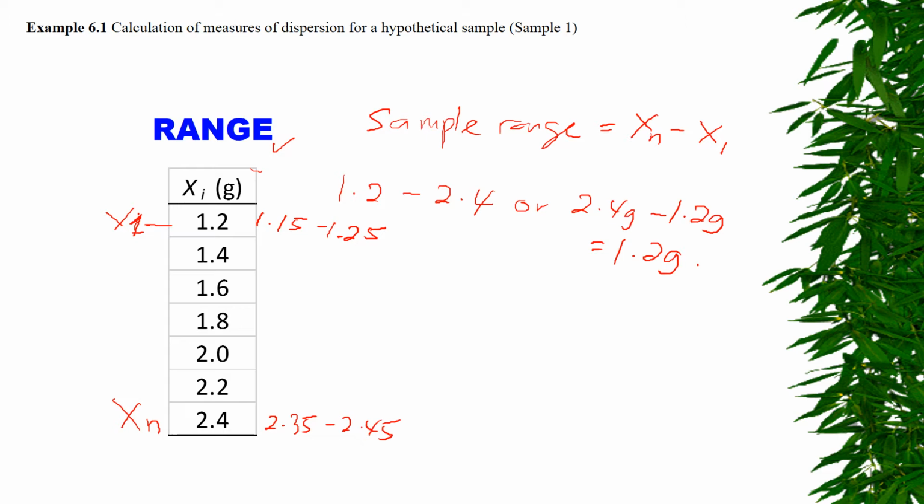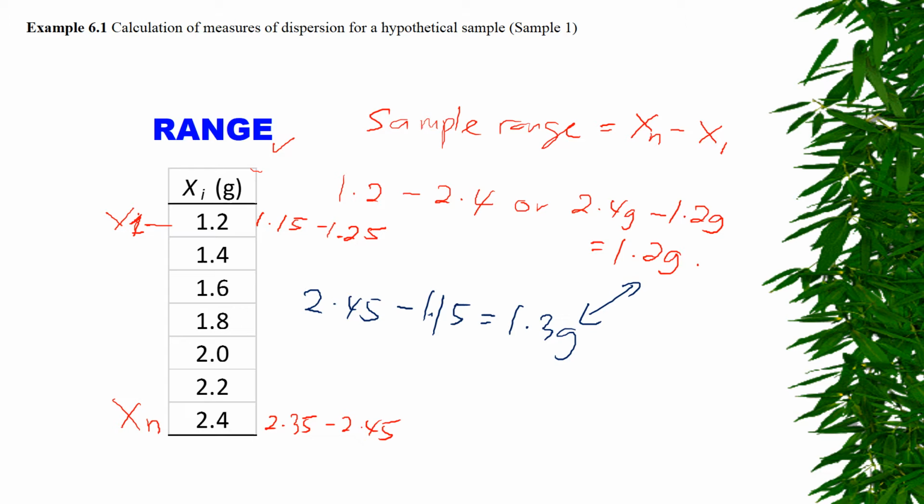So the range of the sample would be expressed by a few authors as 2.45 minus 1.15 equals 1.3 grams, quite not similar from the one that we measured before. Note that the range has the same units as the individual measurements.